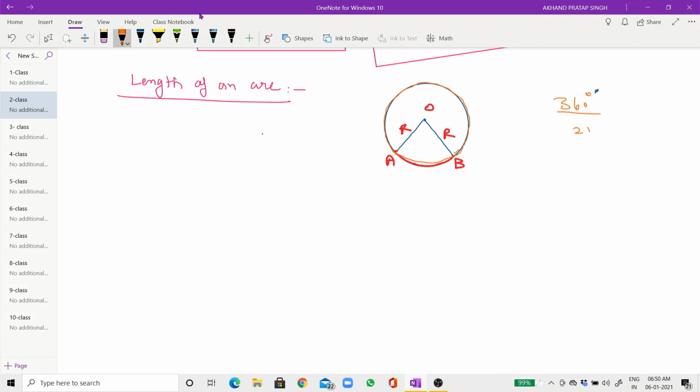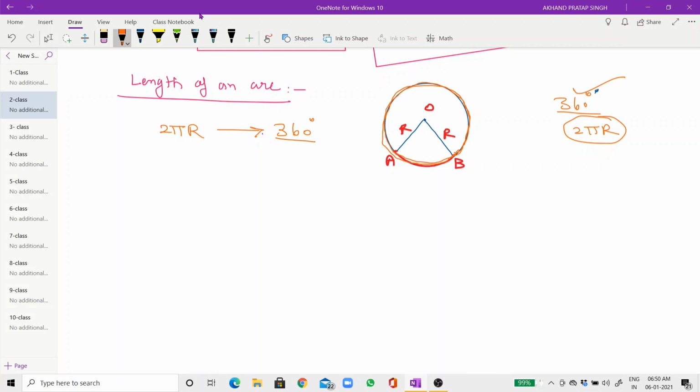Why? Because it is the circumference. When we start from this point and take one round back to this point, the length is 2 pi r, and we cover a total of 360 degrees.